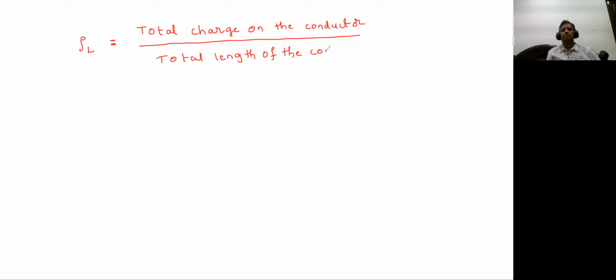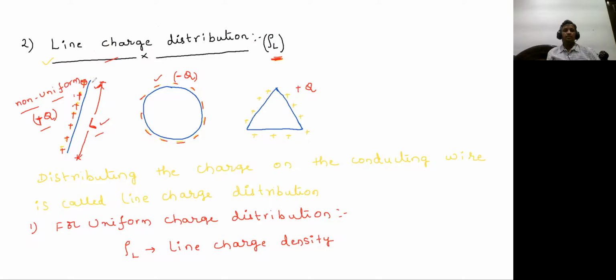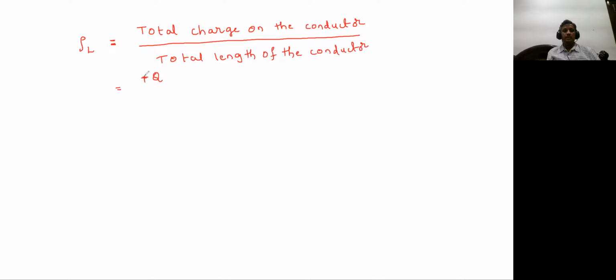As you take it for a straight conductor, the charge is positive, so it is plus Q by the total length L. So automatically this rho L also will become plus rho L because this charge is plus Q.